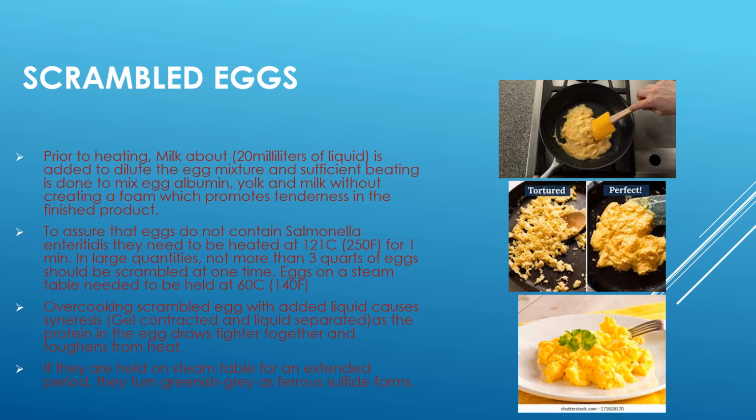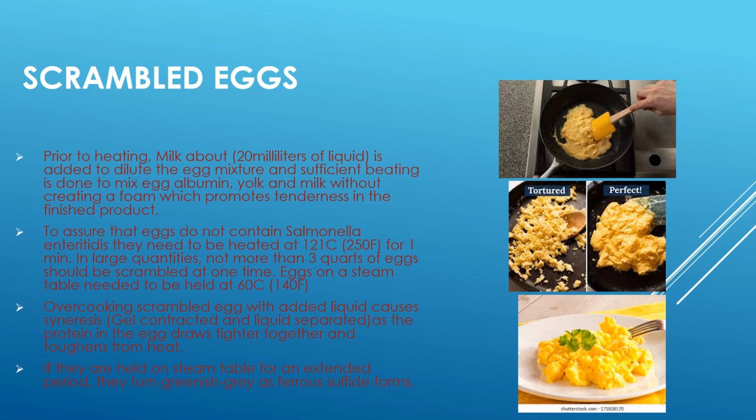You can see in the picture there are two types of scrambled eggs. In the first picture, the scrambled egg is badly tortured. You can see the perfection in the second collaged picture. What happened in the first picture is that the scrambled egg was overcooked.